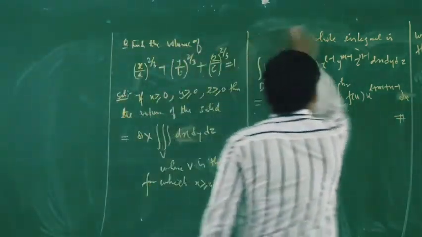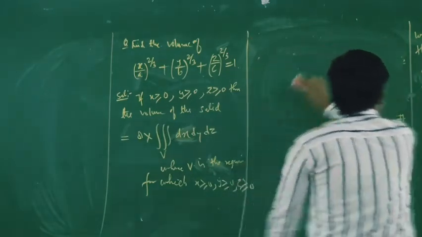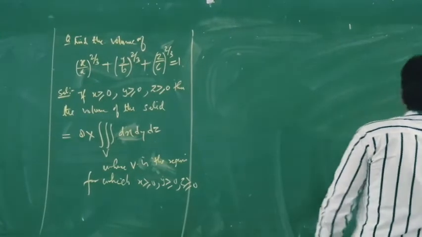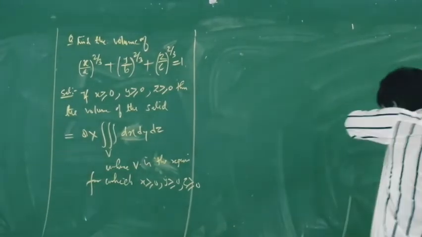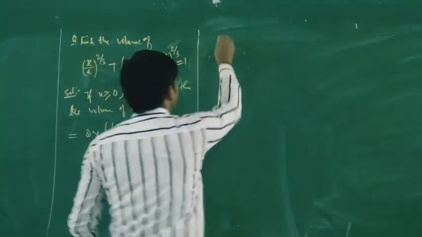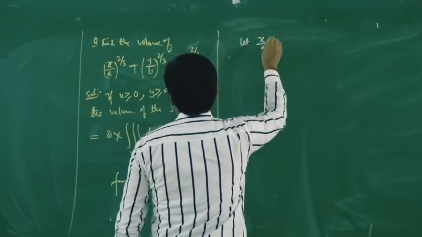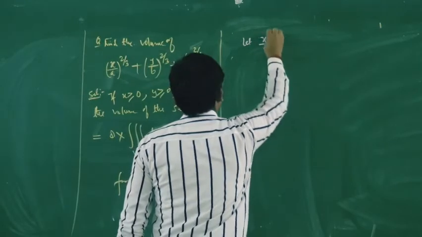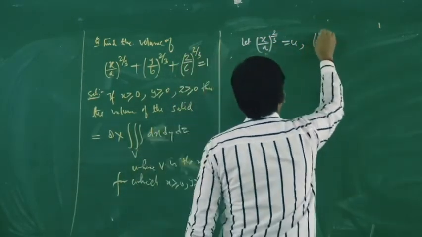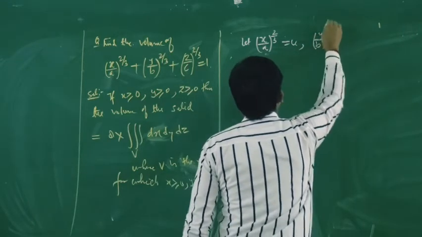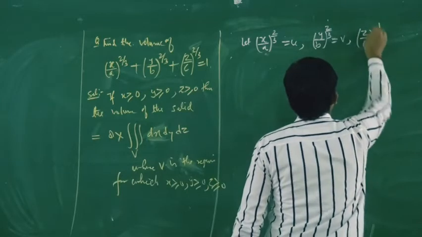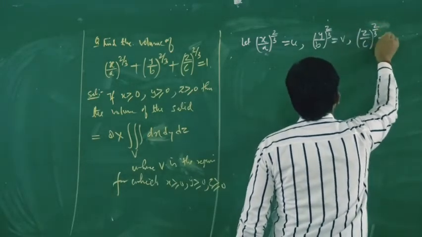Now let us assume x upon a to the power 2 by 3 as u, and y upon b to the power 2 by 3 equal to v, and z upon c to the power 2 by 3 equal to w.